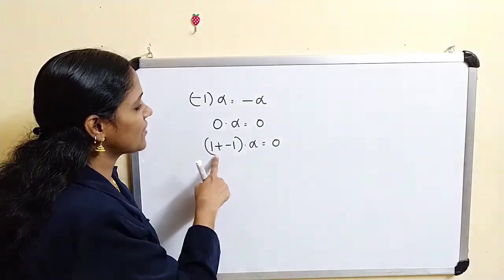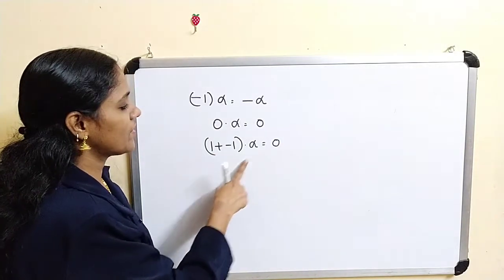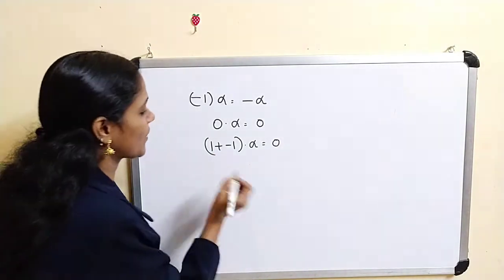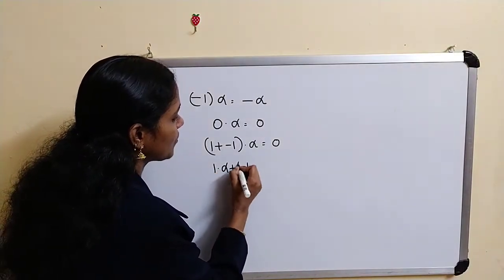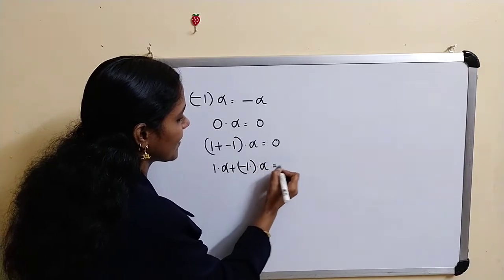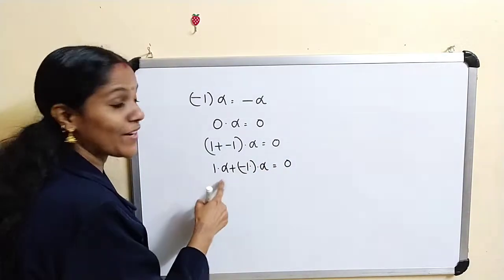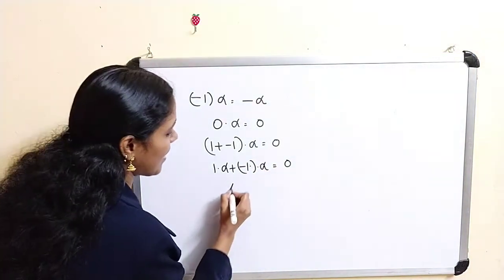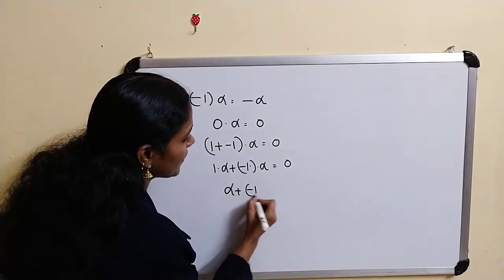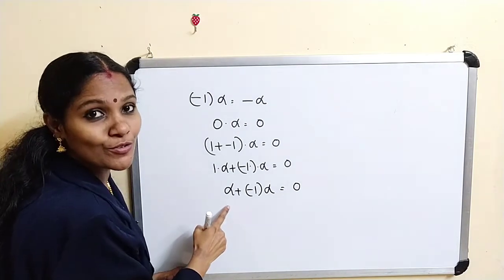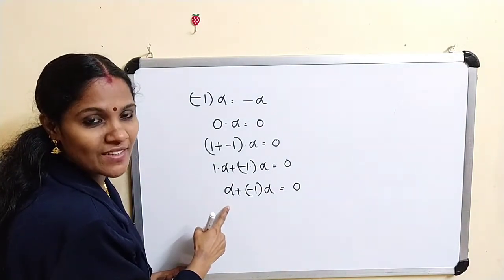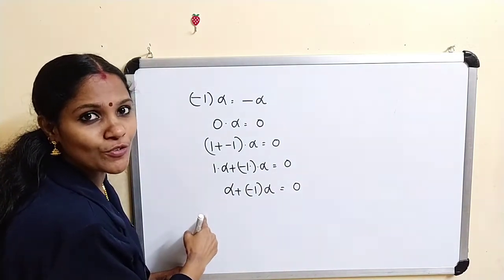Therefore, using the property c1 plus c2 times alpha, you can write this as 1 into alpha plus minus 1 into alpha equal to 0. Okay. 1 into alpha is alpha. Therefore, alpha plus minus 1 into alpha equal to 0. But alpha belongs to V. V is a vector space. Therefore, minus alpha also belongs to V.